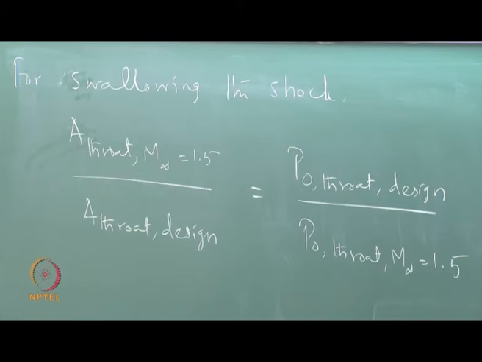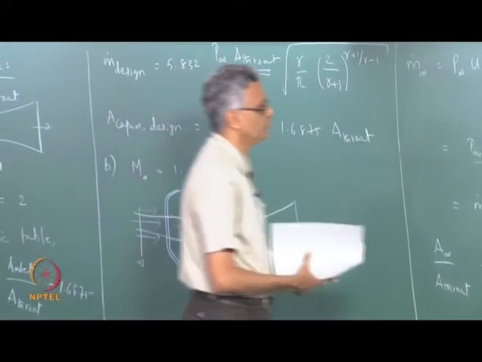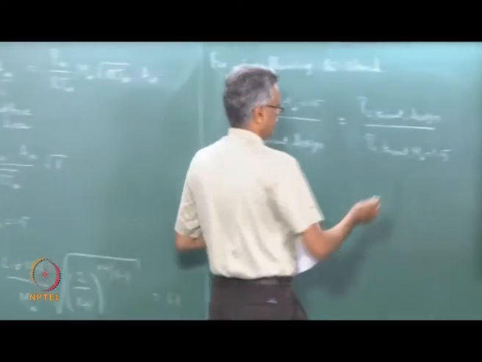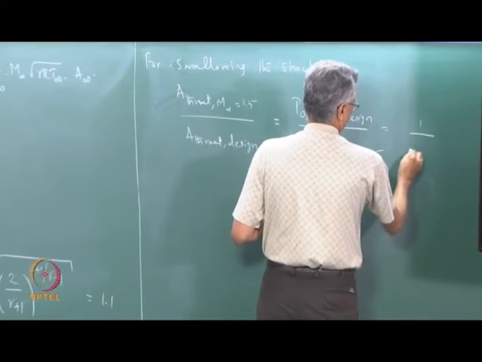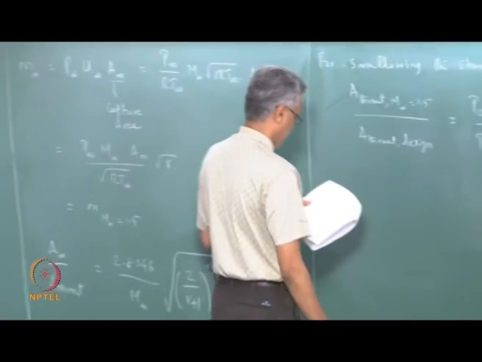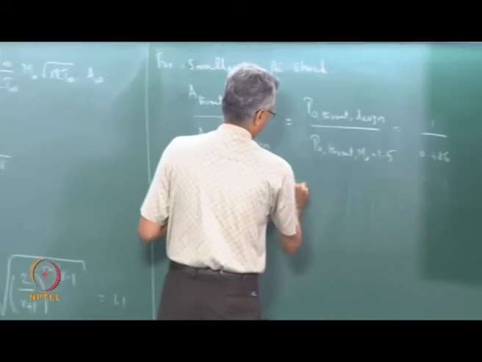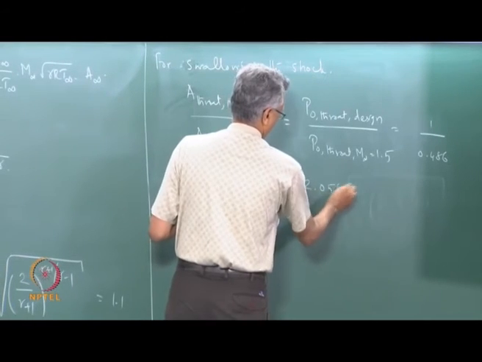And what is this ratio going to be? As we calculated before, it is basically going to be the ratio of the mass flow rate. So, it is going to be 1 over 0.486, which is 2.58.